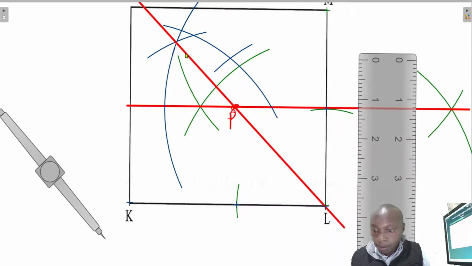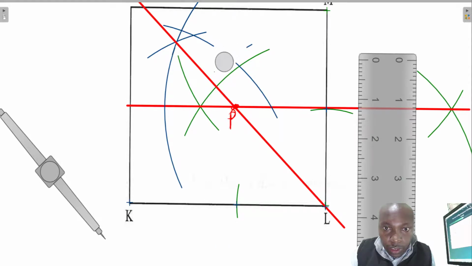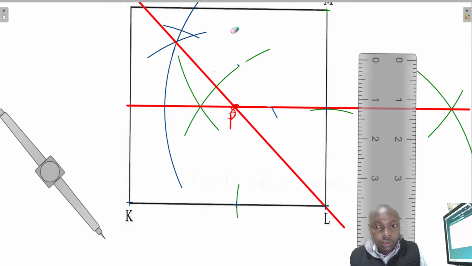Let me repeat that step once again. I have to delete those arcs that I've made and do it afresh. This is something that I've noticed. So to obtain the center, this is what you need to do.